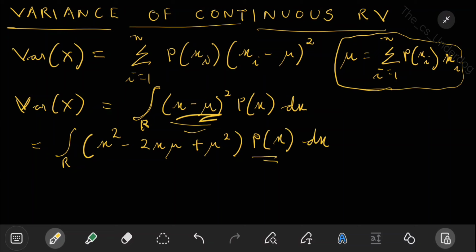And now if I take this p of x inside, this will become the integral over the range, and I'll separate all these terms. So the first term will become x square into p of x dx.